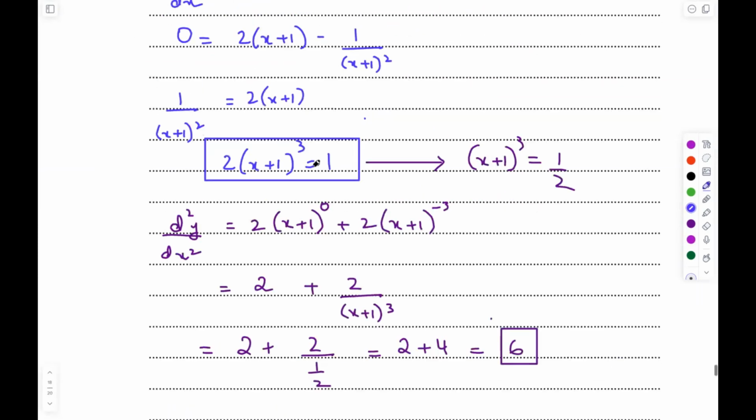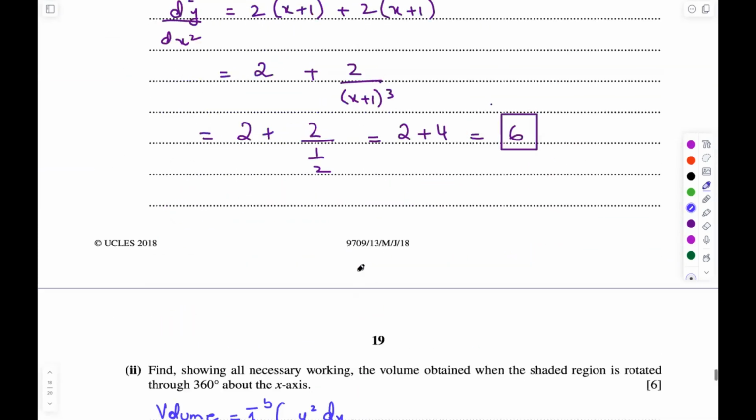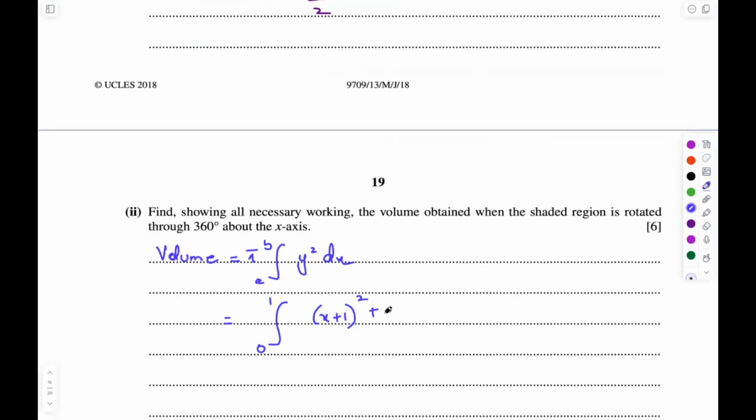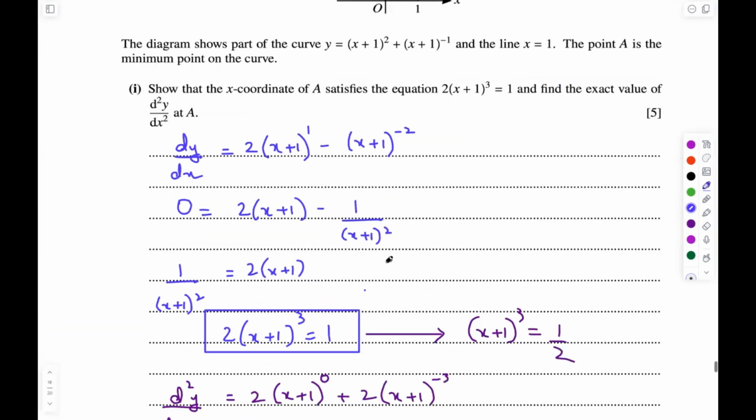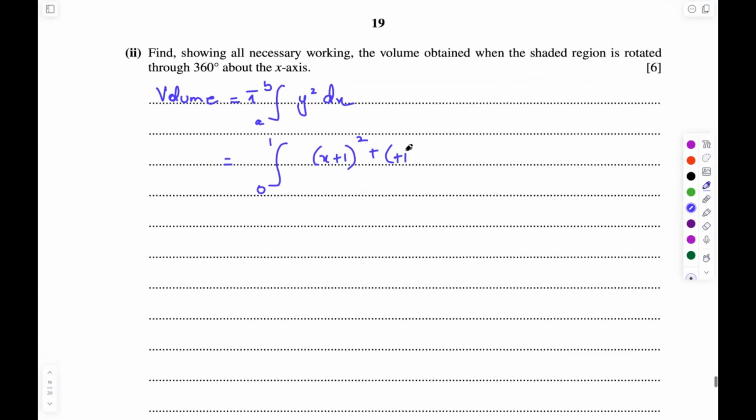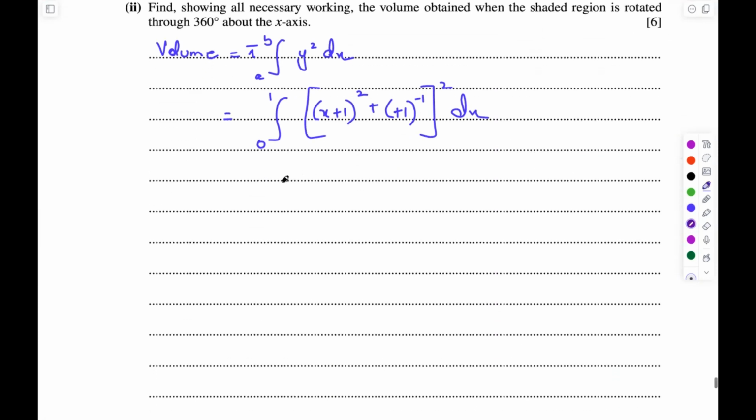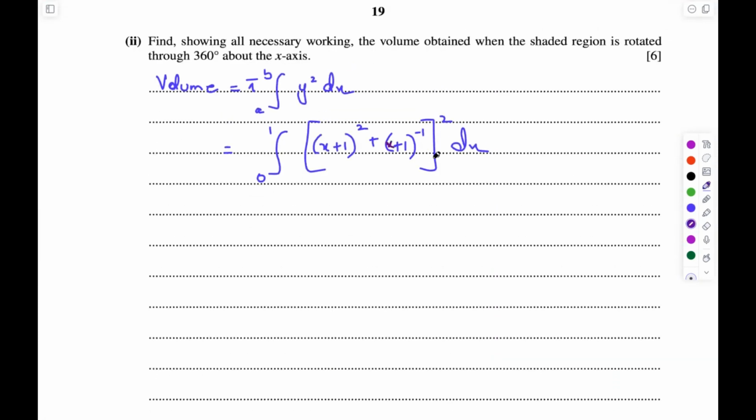that is (x+1)^2 plus (x+1)^(-1). And we have to square it first and then integrate it. So squaring this, this is x plus 1 over here, and this is (x+1)^(-1).